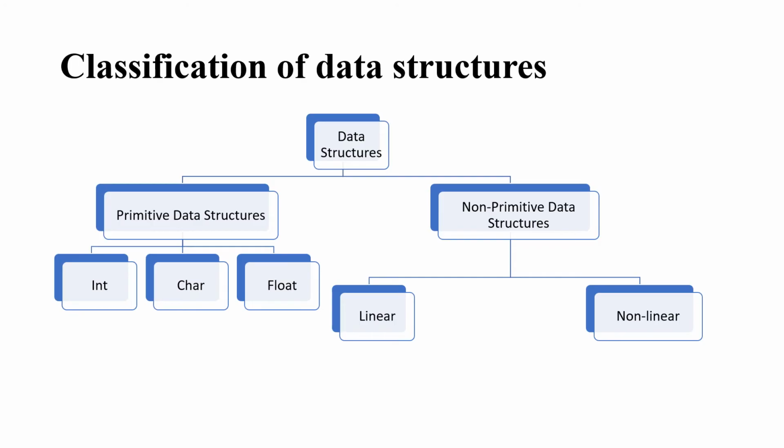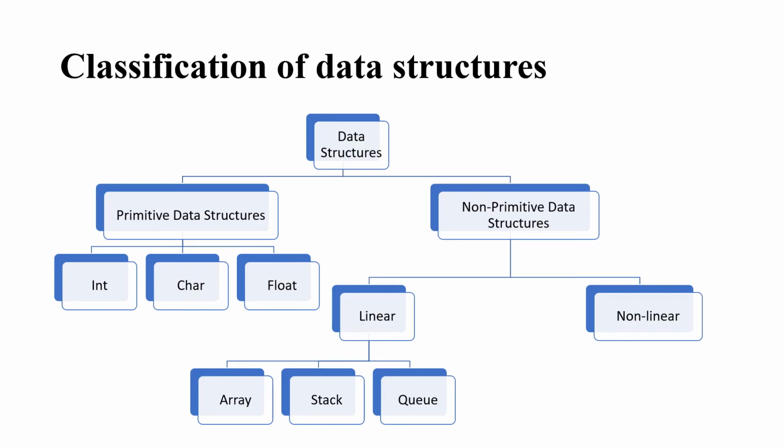Linear means every element in a linear data structure is organized in a sequential manner. The best example of a linear data structure that all of you may be aware of is the array. Second is the stack data structure, queue data structure and linked list data structure.